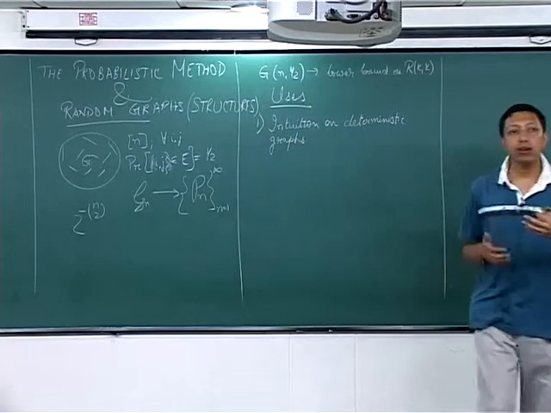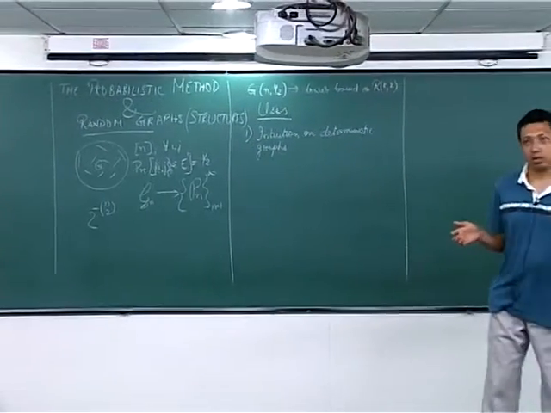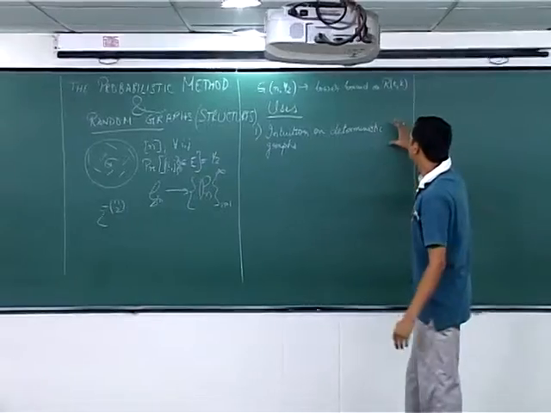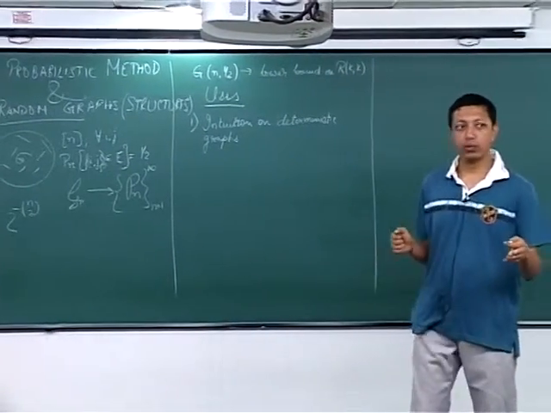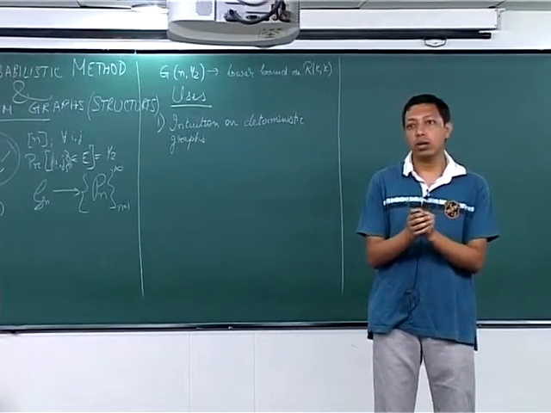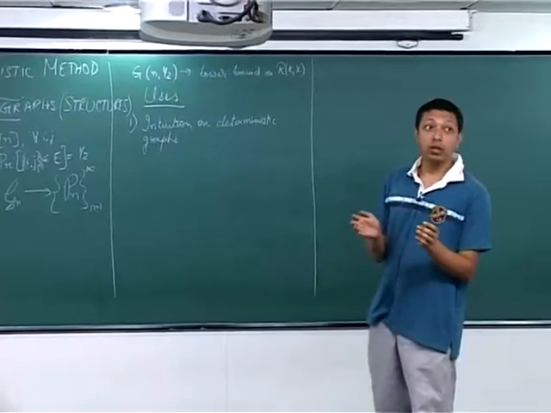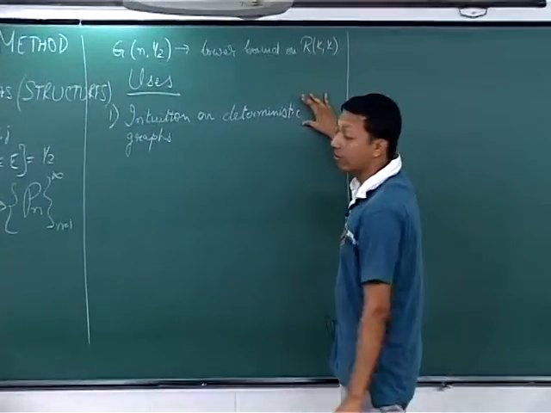It gives an idea of what general graphs look like. Okay, in so much as if you can show that most random graphs satisfy certain properties, or they have a certain structure, then it could be possible that you can prove it for all graphs.